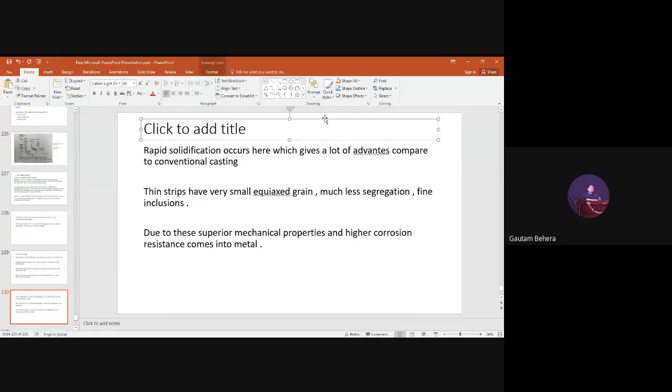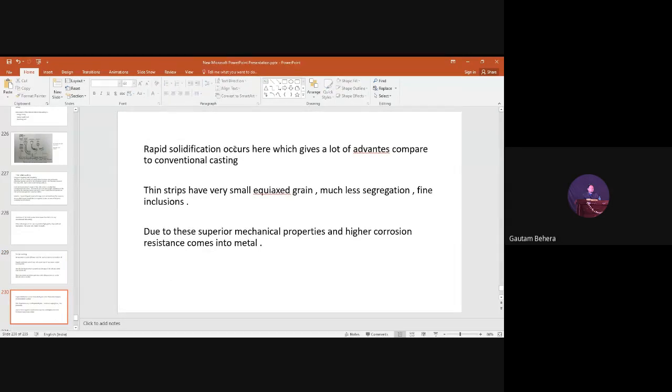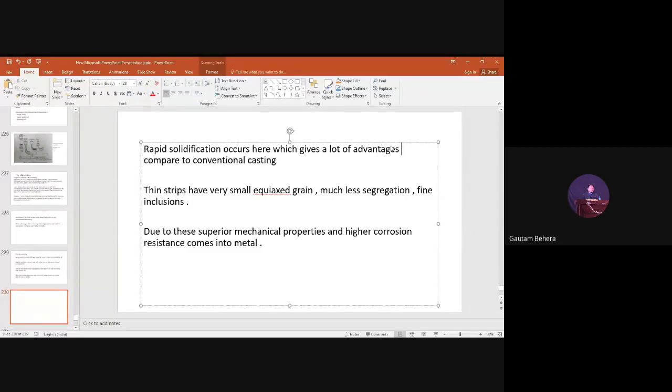Now we'll see some advantages. Rapid solidification occurs here, which gives a lot of advantages. What advantages do we get from direct strip casting compared to conventional casting?